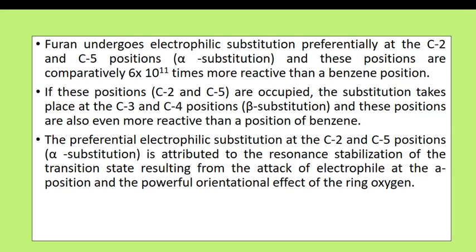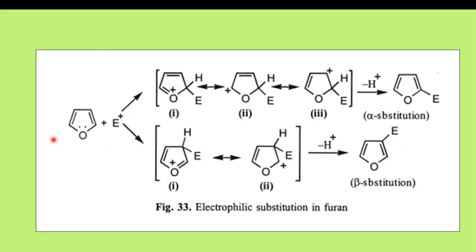So C2 and C5 are the very important positions for furan, at which electrophilic substitution reactions preferentially occur. So this is an alpha substitution and this one is a beta substitution.